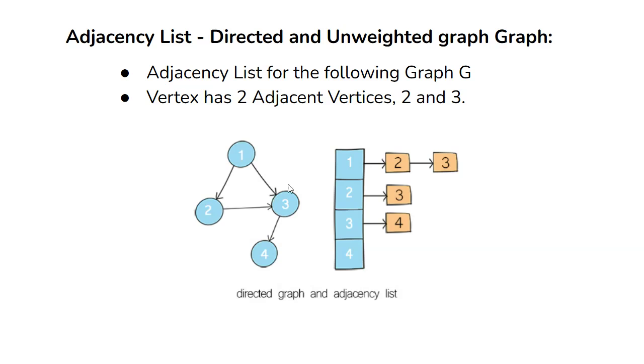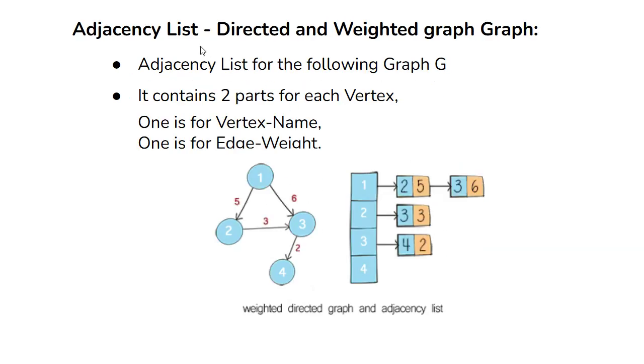The next one is the adjacency list for a directed and weighted graph. The only difference is that separate adjacent lists are created and connected to the main list, but instead of a single part, there are two parts for representing a single node itself.